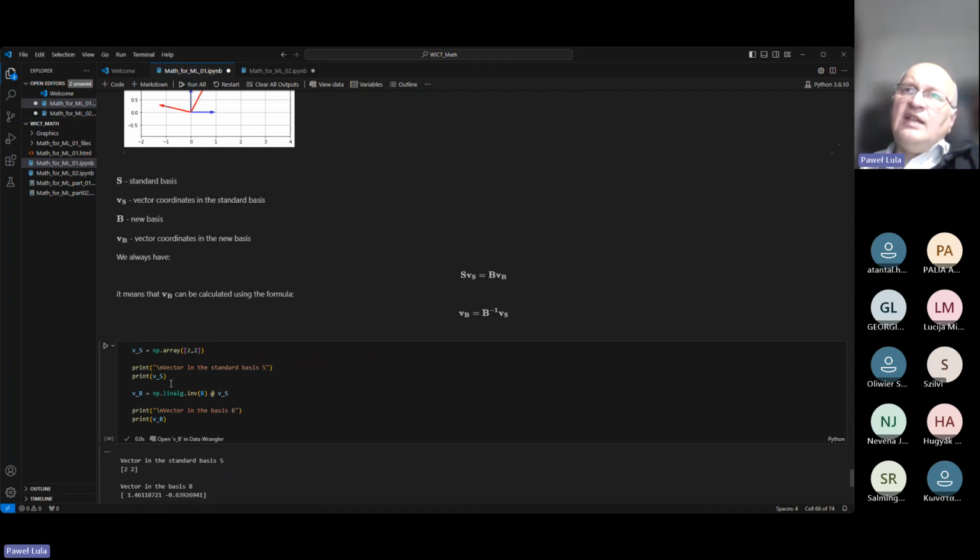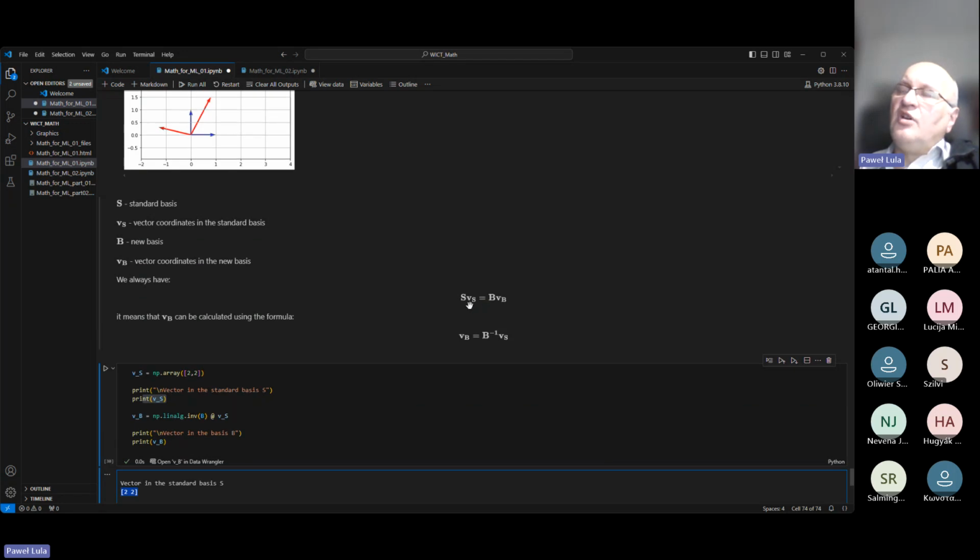And here I displayed these coordinates. And in this equation, on the left side, we have a product, S multiplied by Vs. Vs is a definition of this vector with respect to this basis S. So we have here this vector 2, 2, and S is this standard basis.